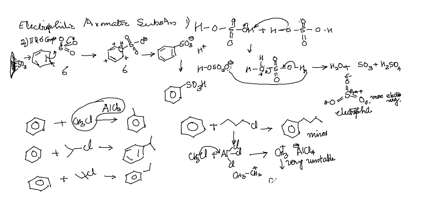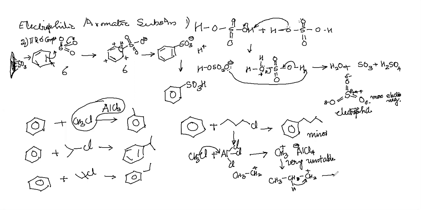But as you increase one more carbon, CH3 CH2 CH2 plus, what happens is this is a primary carbocation with alpha hydrogen. Now this alpha hydrogen will migrate. We have studied carbocation rearrangement.